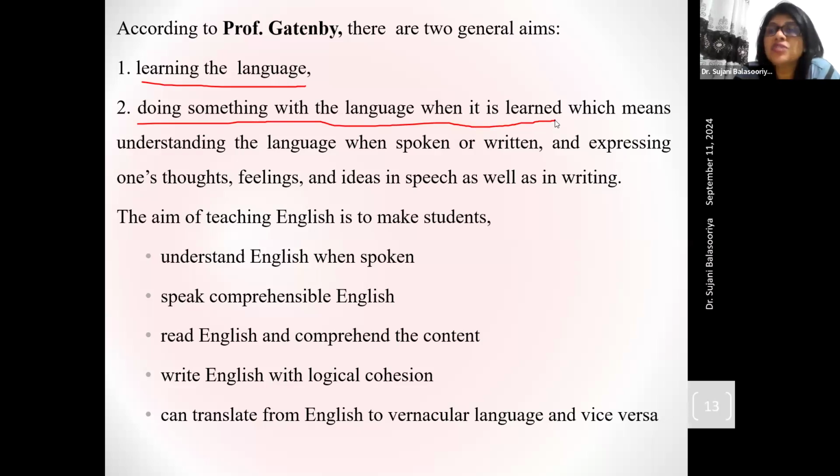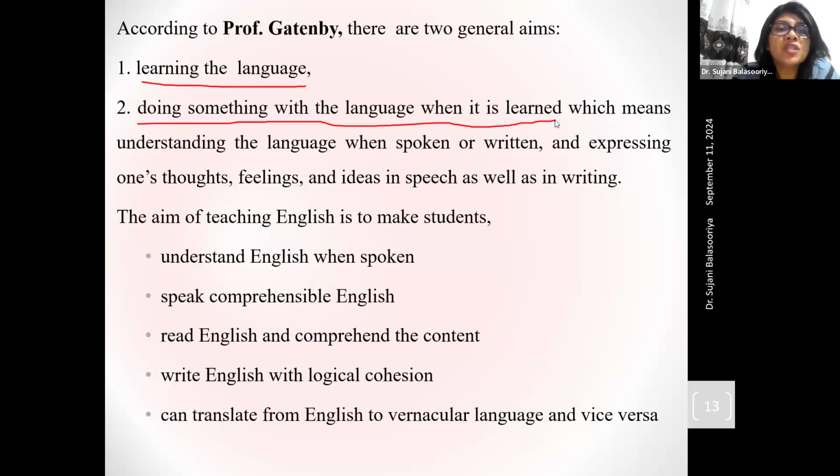There are two general aims behind learning English. One aim simply means learning the language. And the second aim means doing something with the language when it is learned. What do you mean by that? This means understanding the language when spoken or written and expressing one's thoughts, feelings, and ideas in speech as well as in writing.